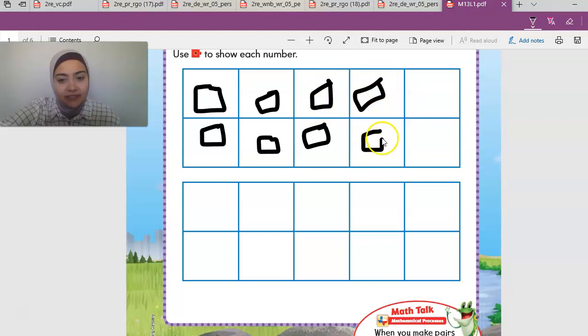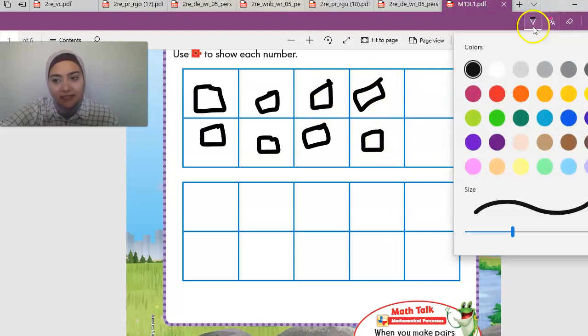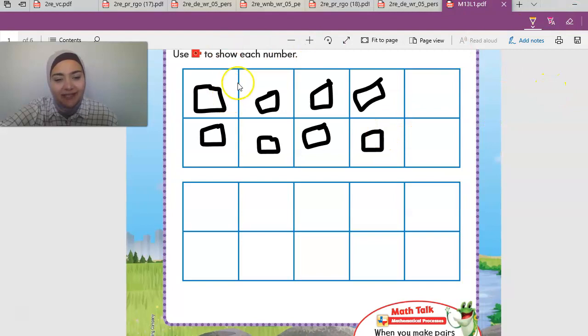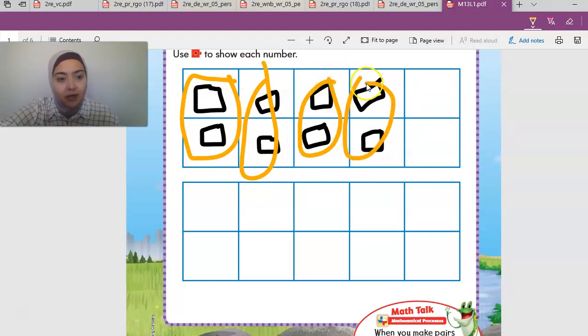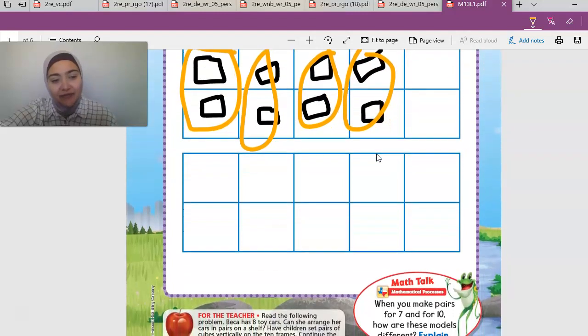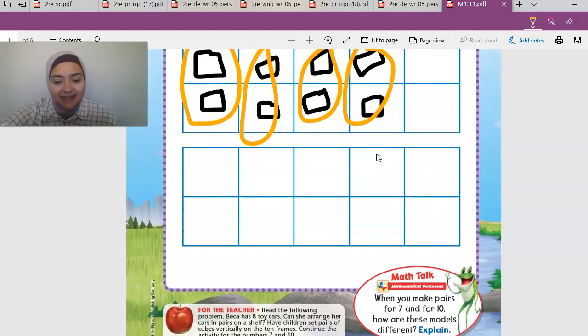Now, can we circle these in pairs? Pairs means 2, so we're going to circle every 2 together to see if this is an even number. So these are 2, these are 2, this is a pair, and this is a pair. Are there any blocks left? No, there are not any blocks left. So is the number 8 even or odd? The number 8 is even.